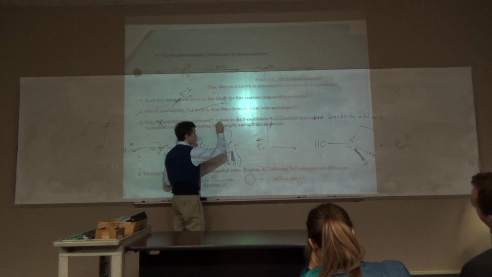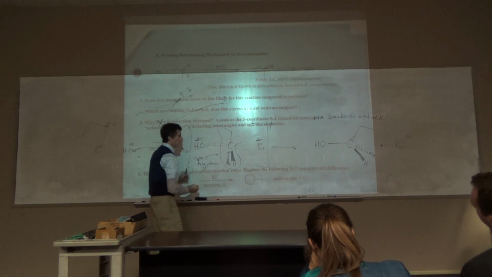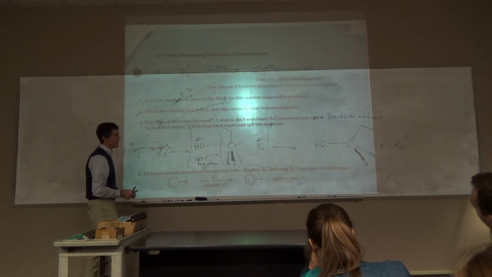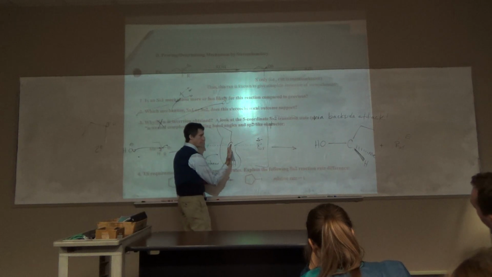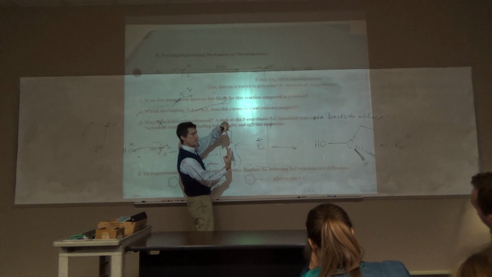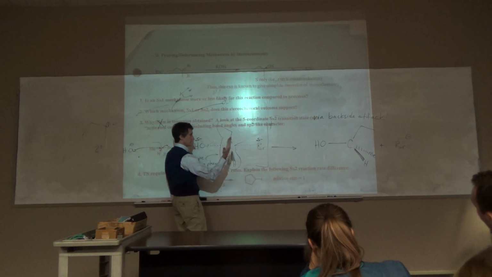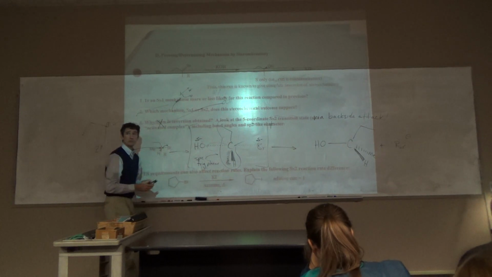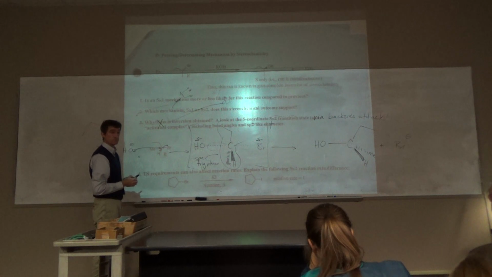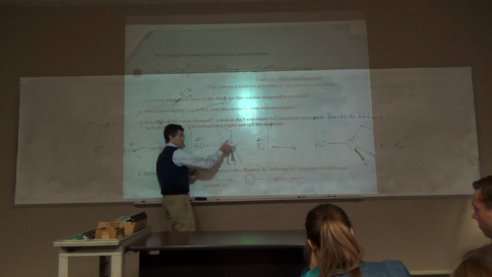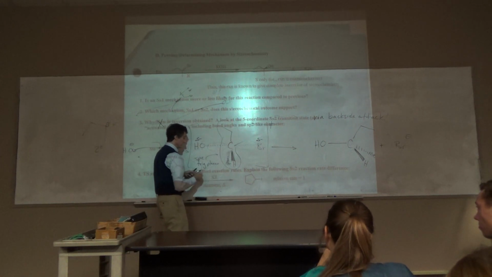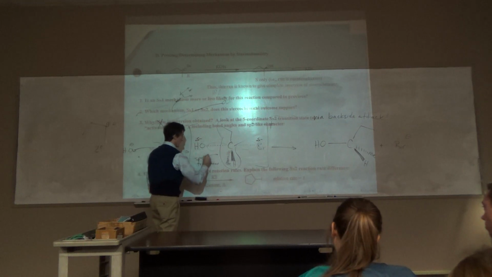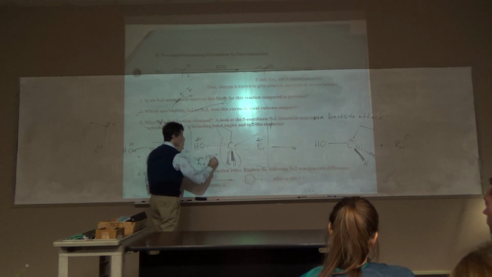Okay, these three groups trigonal planar. Because if these two are right in front of each other, and this one's straight up, you now have this trigonal planar. Again, that's just like an sp2 hybridized carbon. Trigonal planar with a p orbital. So it's sp2-like. sp2-like transition state.